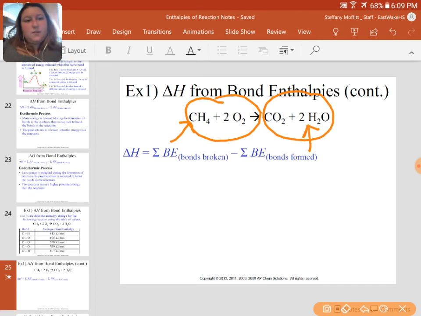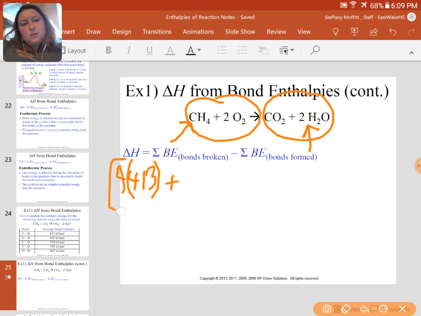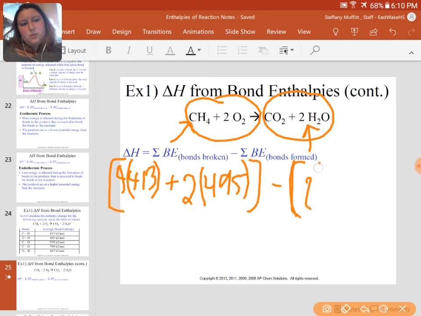So I just fill in the numbers. 4 times my CH bond enthalpy, which is 413, plus 2 times my O2 enthalpy, 495, all subtracted from 2 times my CO double bond enthalpy, 799, plus 2 times my OH enthalpy, which was 467.